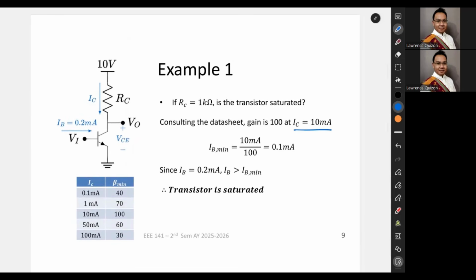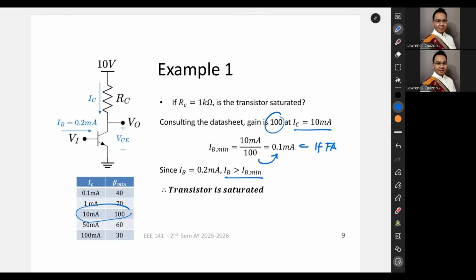We find that the minimum beta at this IC from the datasheet is about 100. So then that gives us an IB that should correspond to this if we were in forward active. But we don't want to be in forward active. We want it to be in saturation. And the definition of saturation is that the base current is greater than what it should be if we were in forward active. So then IB has to be greater than this IB min.